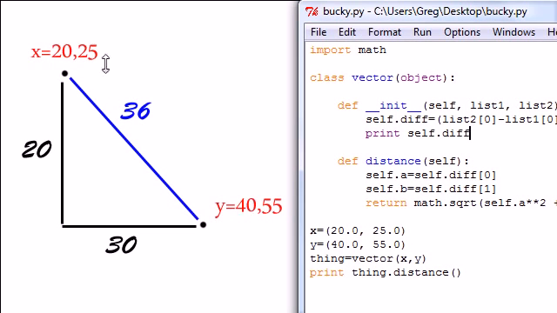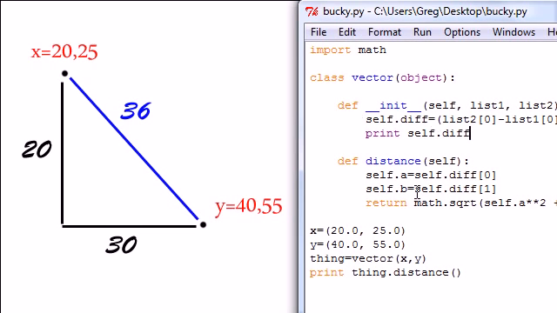So we subtracted x from y and we got 20, 30. And this is because 40 minus 20 equals 20. That's a change in x. And 55 minus 25 is 30. That's a change in y. So the vector from x to y equals 20, 30. So that's how we got that. That's all this initialization function does, is give us our vector.